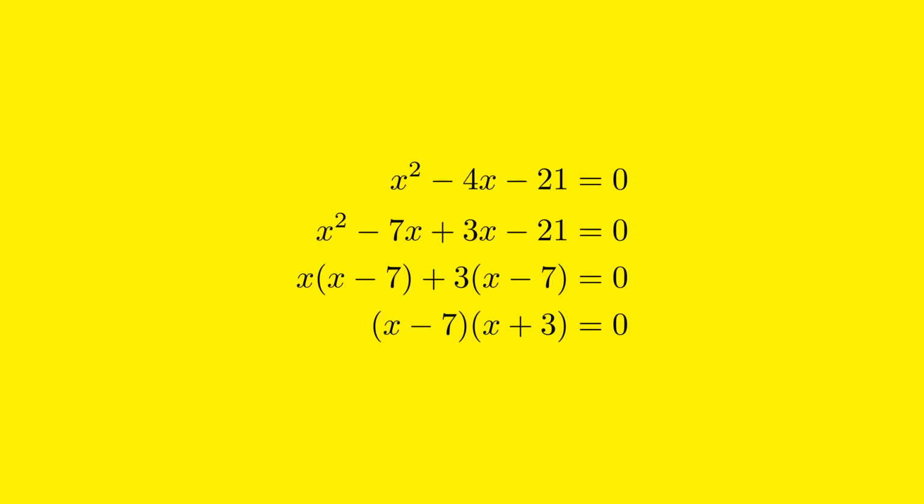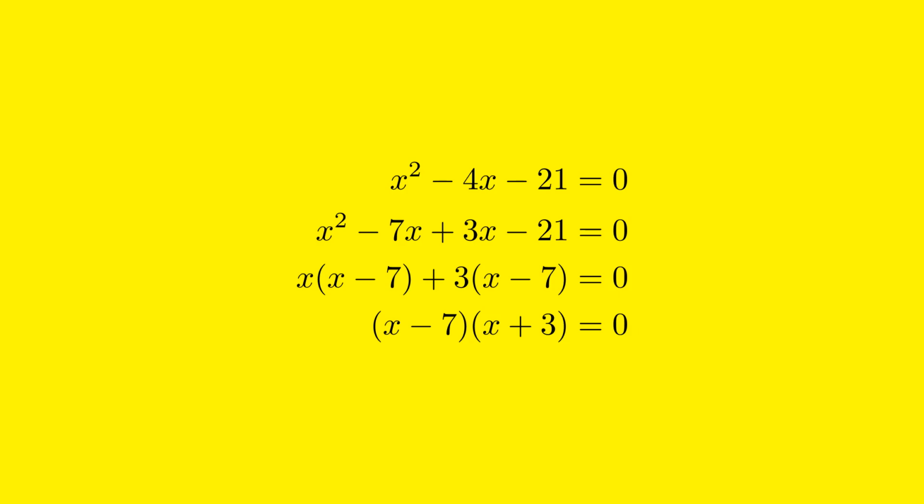We can now rewrite the middle term, minus 4x, as minus 7x plus 3x. Replacing this in our original equation, we get x squared minus 7x plus 3x minus 21 equals 0. Now, we group the terms 2 by 2 and factor out the common term in each group. For the first two terms, we have x as a common term, and for the last two terms, we have 3 as a common term.